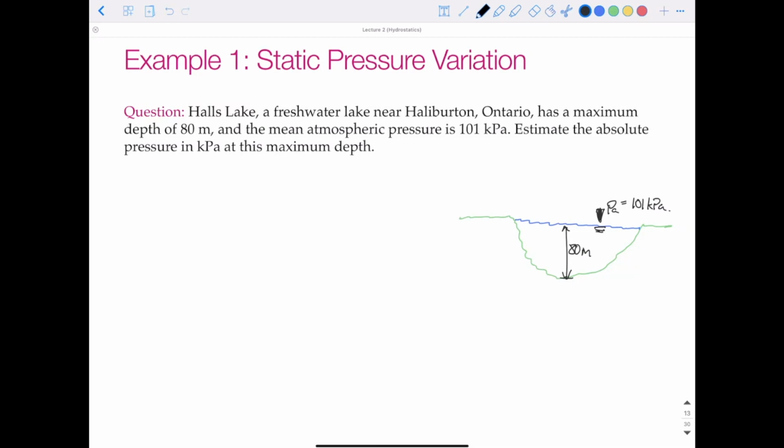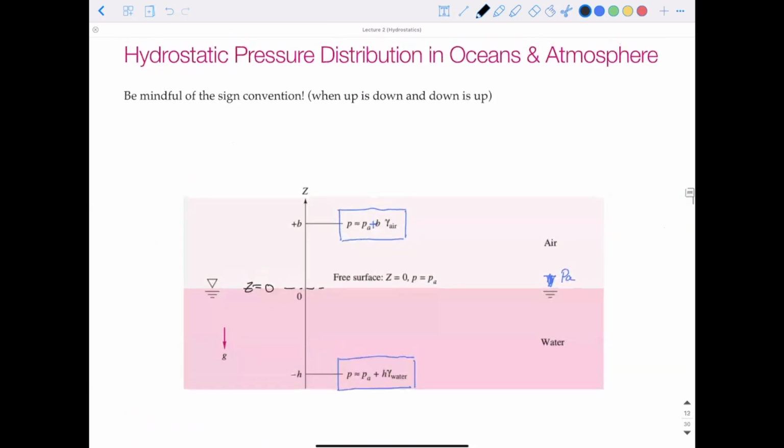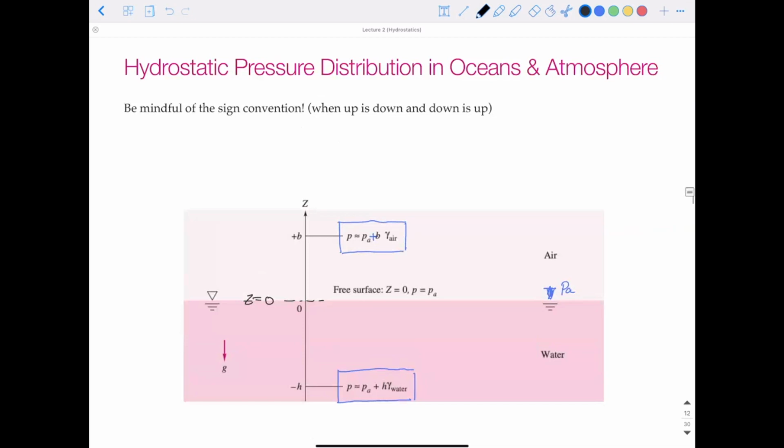So why are they adding P atmosphere? I'm not really sure where you're referring to. Are you referring to here? I'm referring to both the P, where for the positive h, you're adding the air pressure, and you're also adding the water pressure.